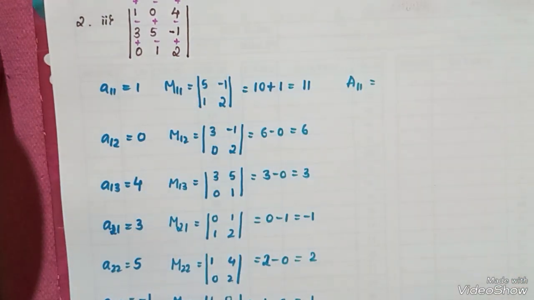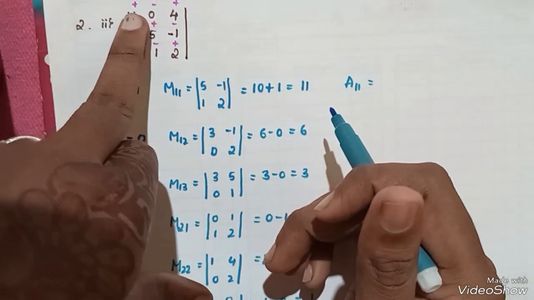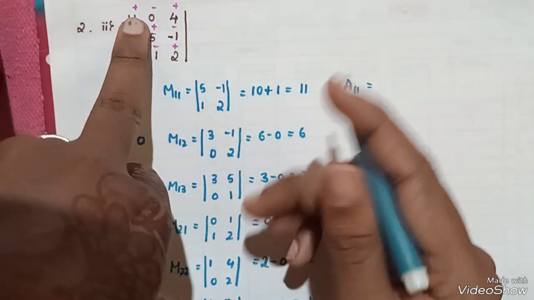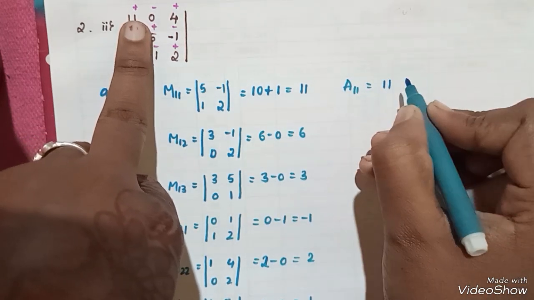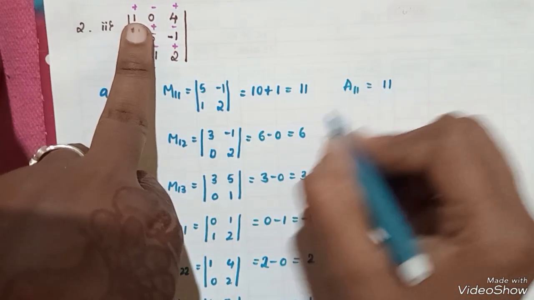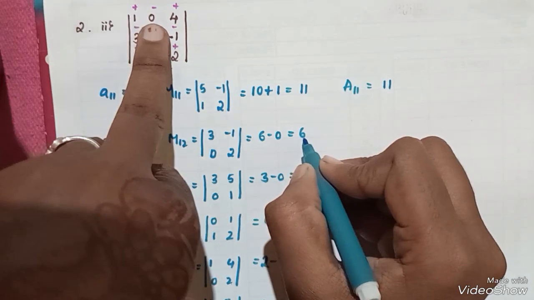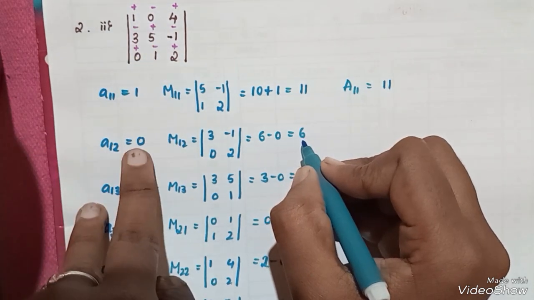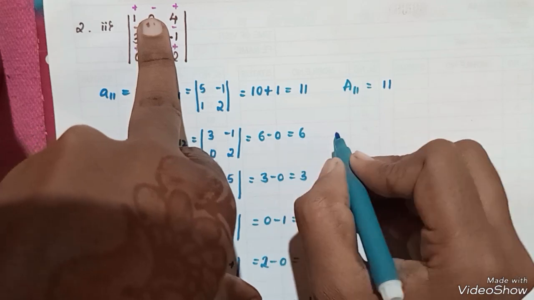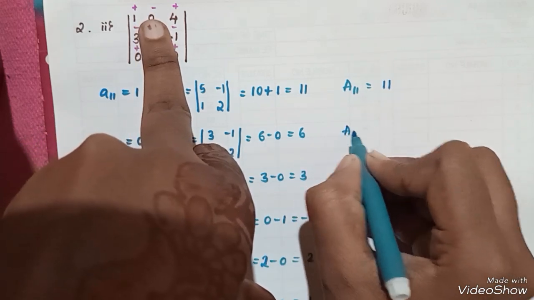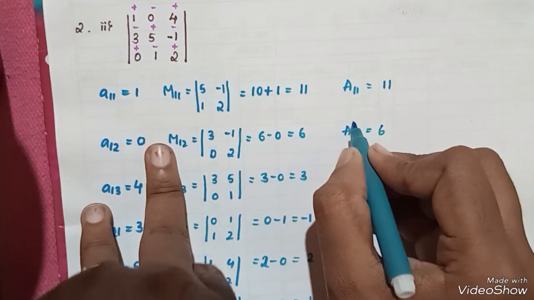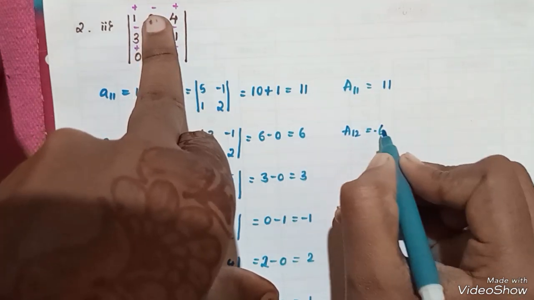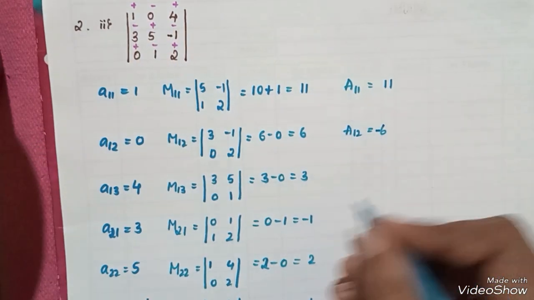For the first element there is a positive sign, multiplied by 11 we get plus 11, that is the cofactor. Here 6, the element 0, the sign for a12 is minus, so minus into 6, that is minus 6.